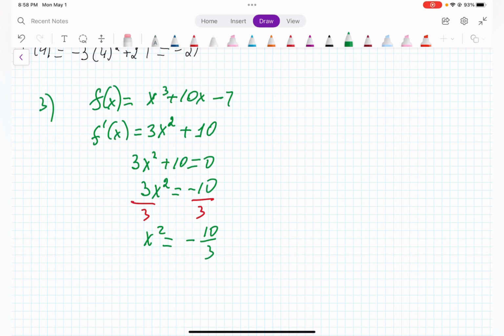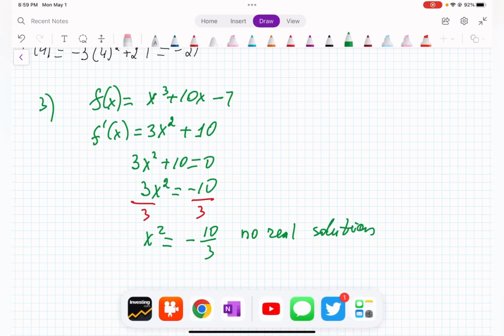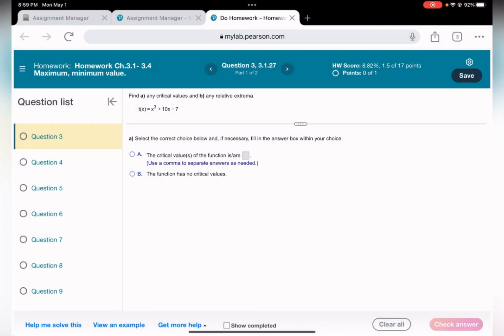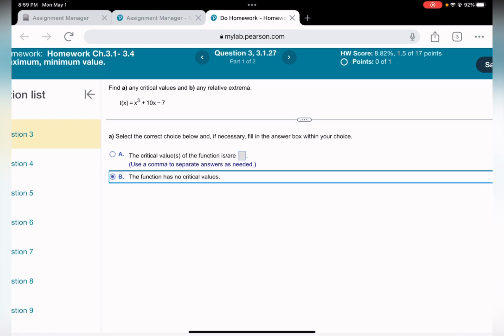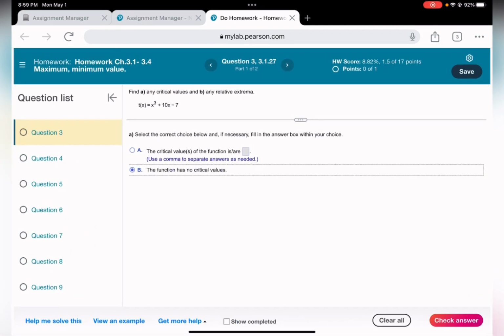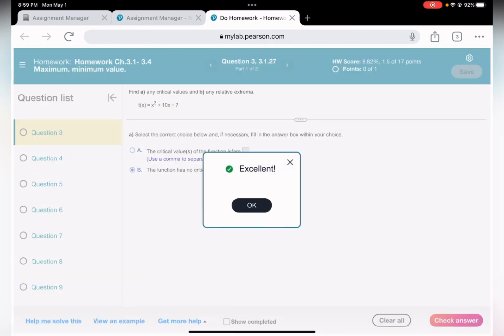Okay, so in this case, if x squared is a negative number, that means no real solution, right? If there is no solution, because a square cannot be equal to a negative number, that means there is no critical value. Bingo.